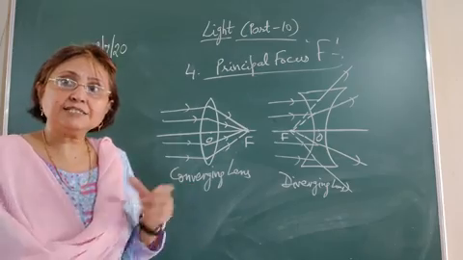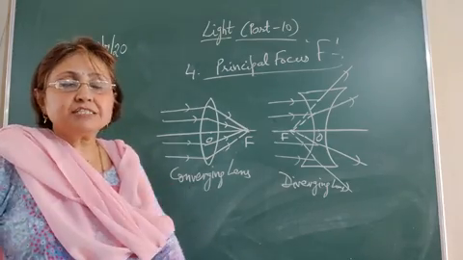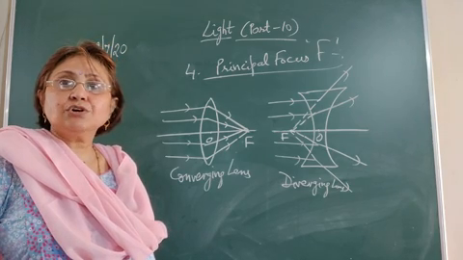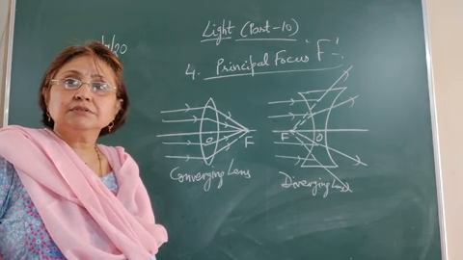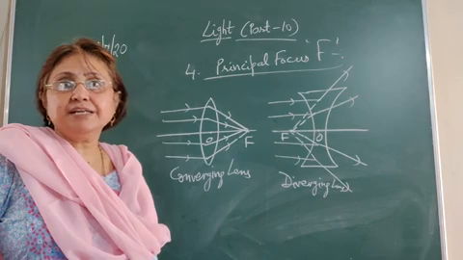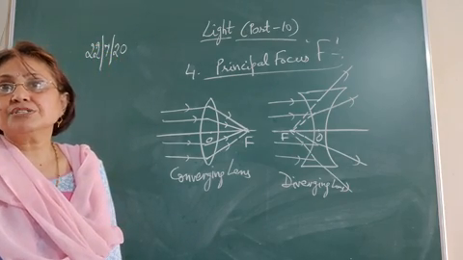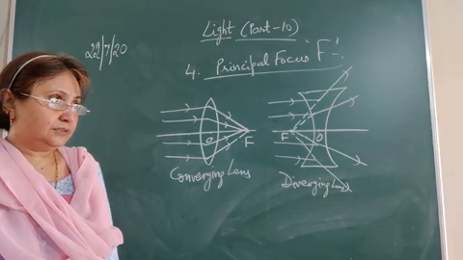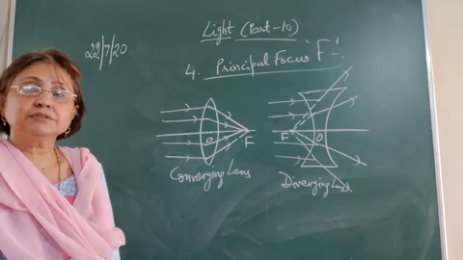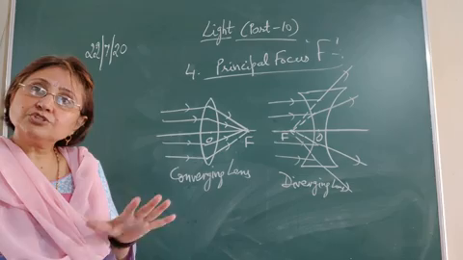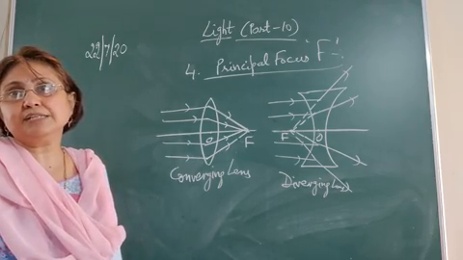Write down, a convex lens converges the rays, so it is also called a converging lens.